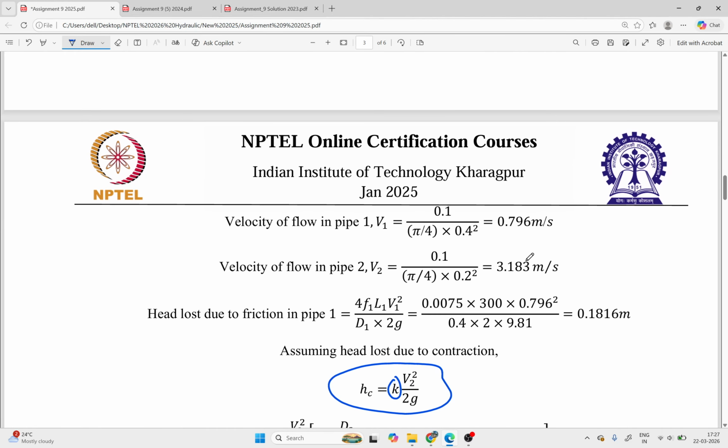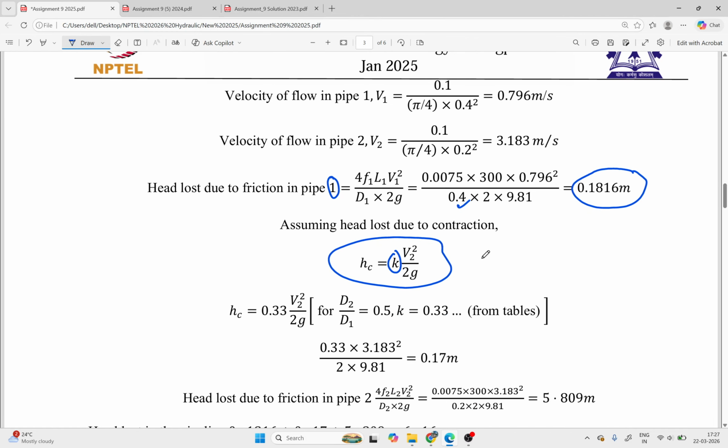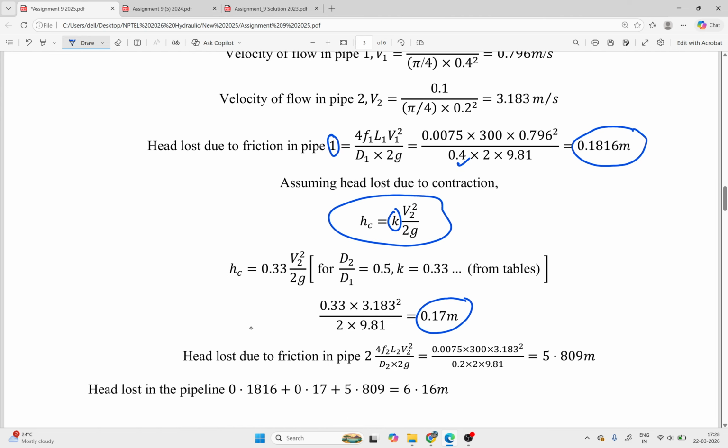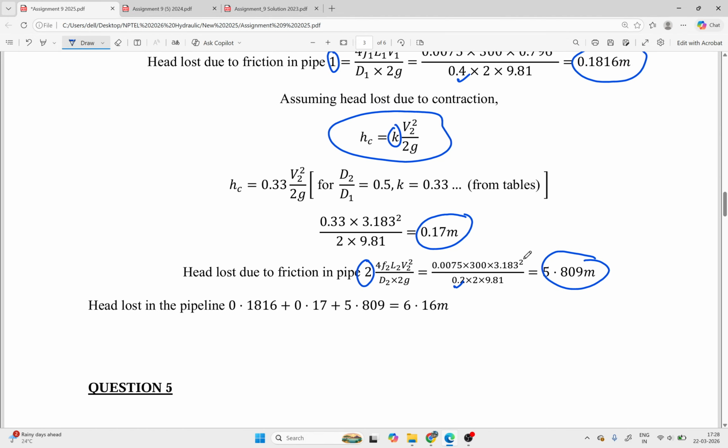Here you can see, in pipe 1, that is 0.4, your value is coming 0.1816 meter. Due to the contraction it is coming 0.17. In pipe 2, after putting 0.2, you are getting 5.809.